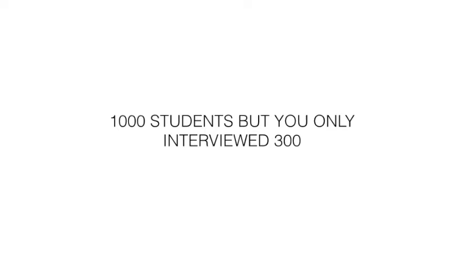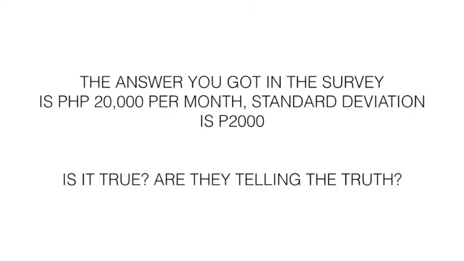For instance, if the answer you got in the survey is PHP 20,000 per month, in other words, the average income of the respondents of the survey is 20,000 per month, and the standard deviation is 2,000.